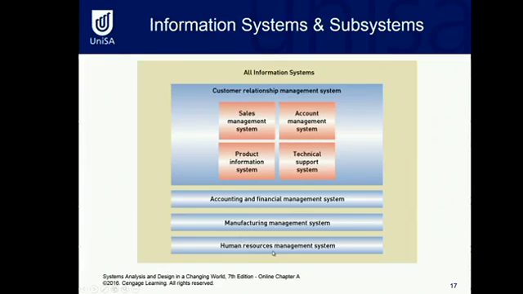Customer Relationship Management also has 4 subsystems: Sales, Account, Product and Technical Support. Just visually, you can see that if this were in an organisation, which most likely it is, there are a number of information systems that are used to support that organisation.